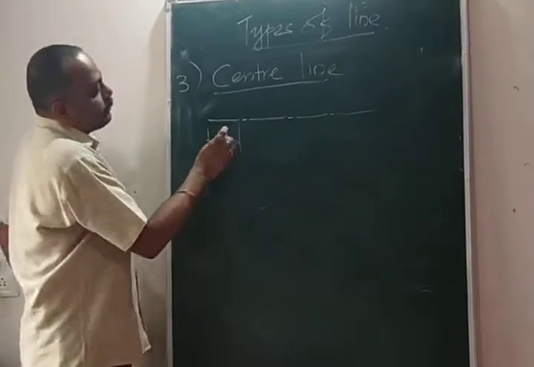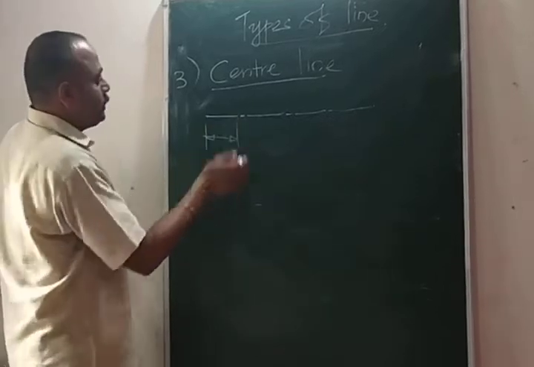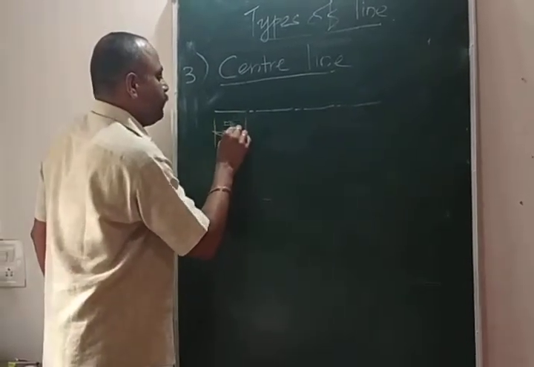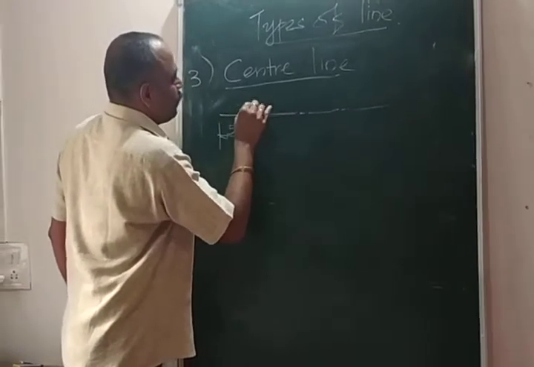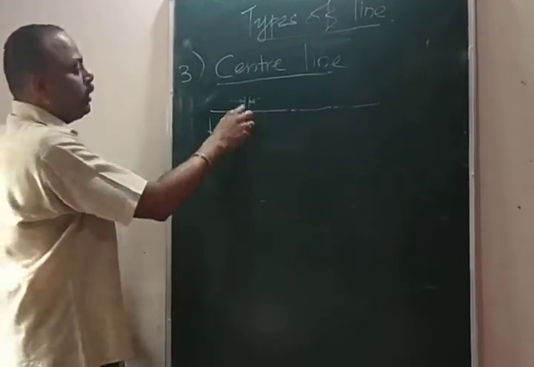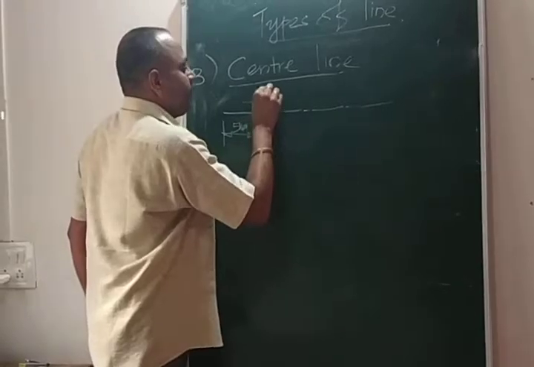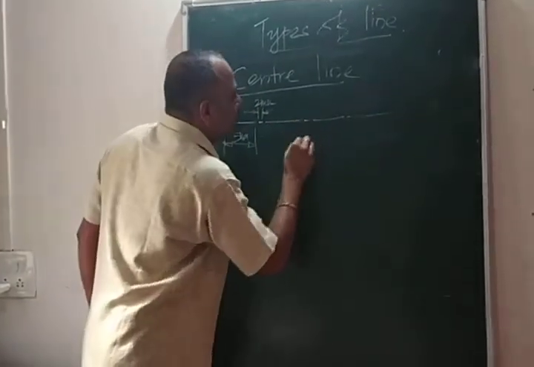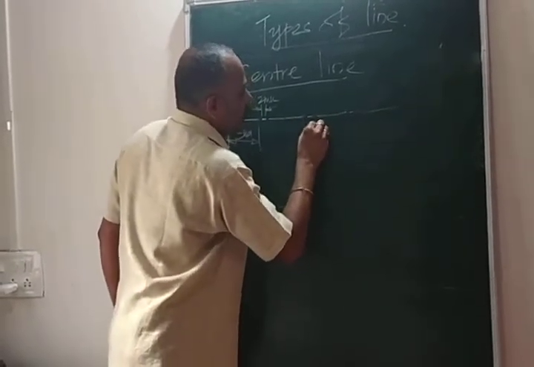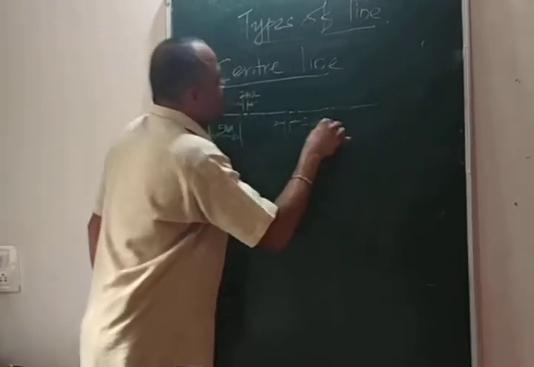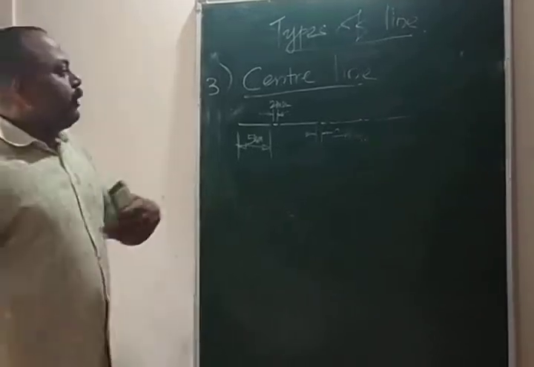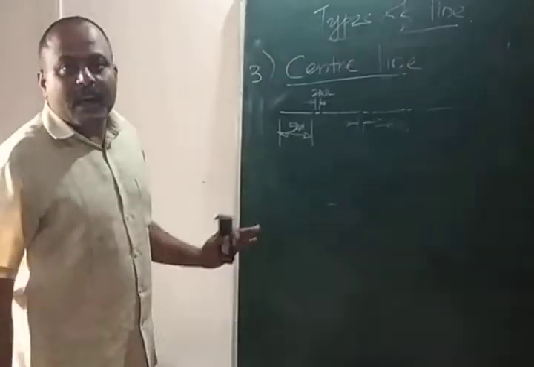The length of this first big dash is 5 mm. Length of this small dash is 2 mm, and the space between a small dash and a big dash is 2 mm. This center line we can say is a symmetric line also.